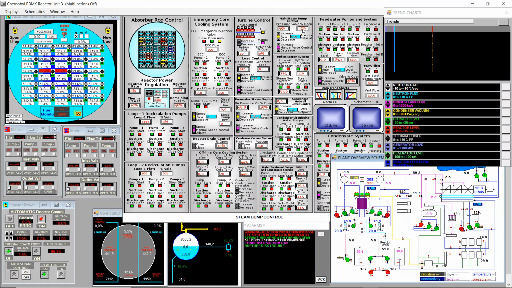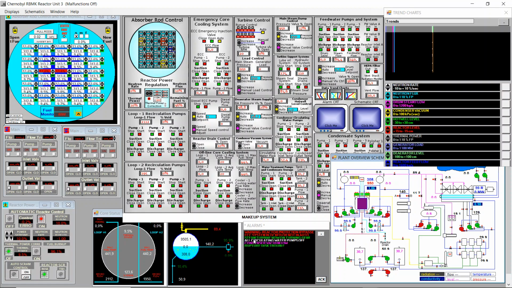So the only way to dissipate heat will be to evaporate more and more water inside the reactor, which also accelerates the decrease of the level inside the reactor. Okay, just waiting for the moment.